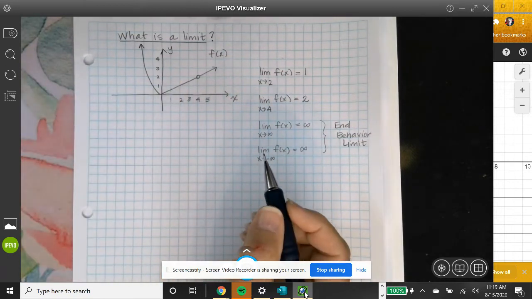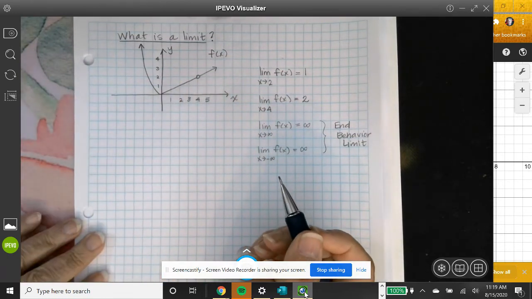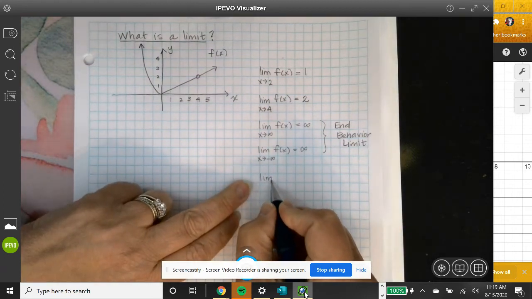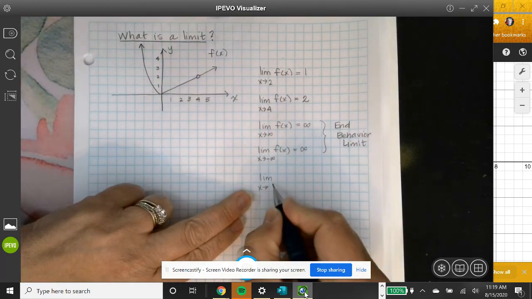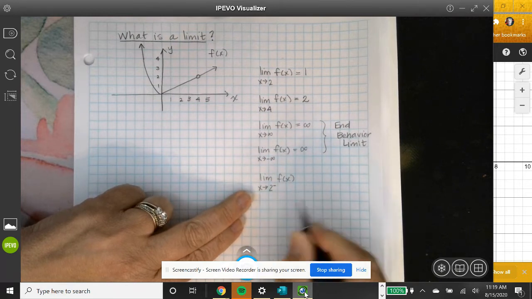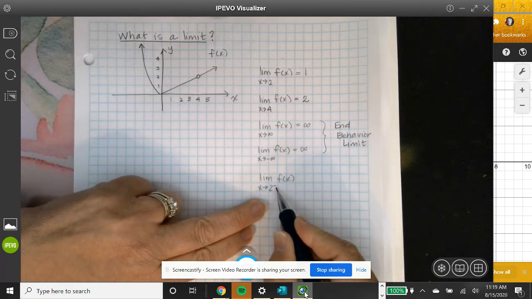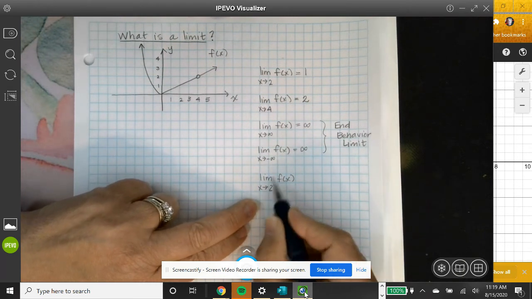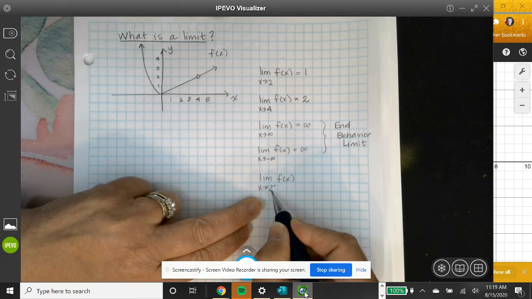I can call them one-sided limits. All right, and how would I write that out? Let's say I wanted the limit as x approaches 2 from, I can designate it with a superscript with a negative sign or a minus sign. So you read this: limit of f of x as x approaches 2 from the left side.